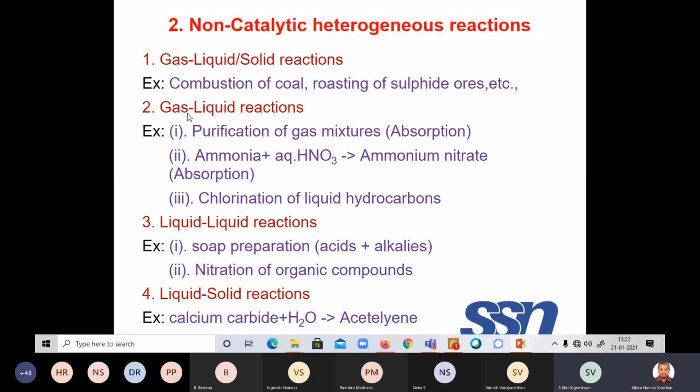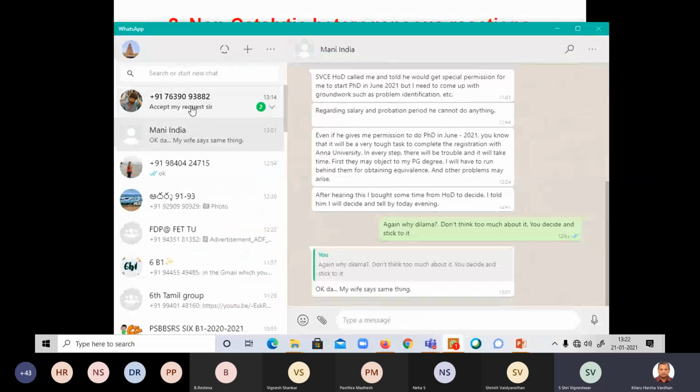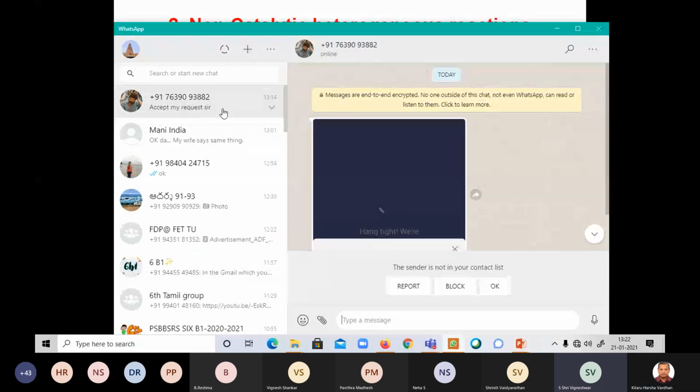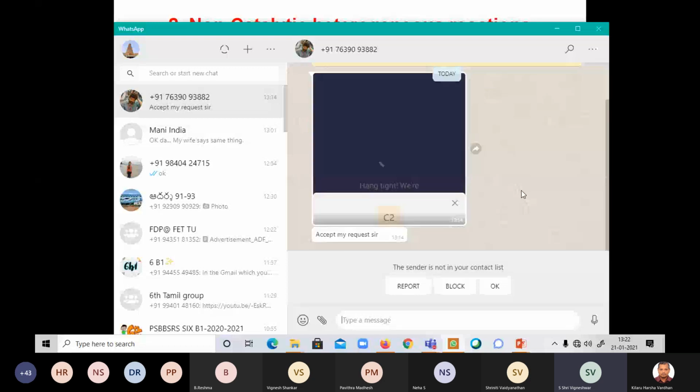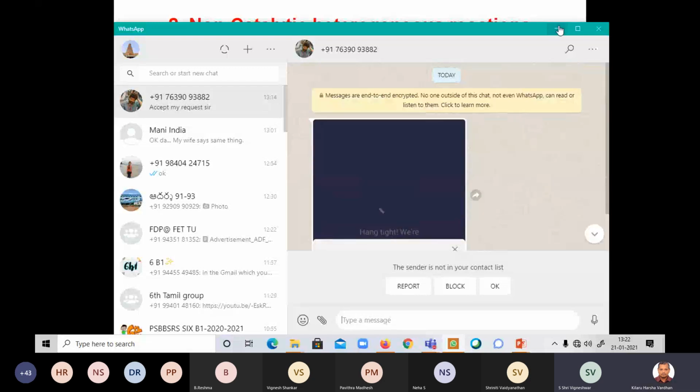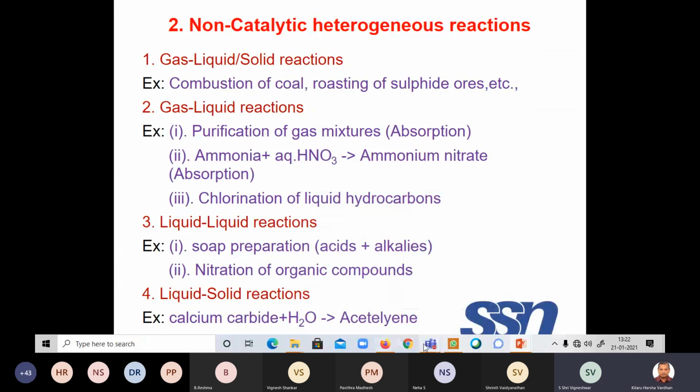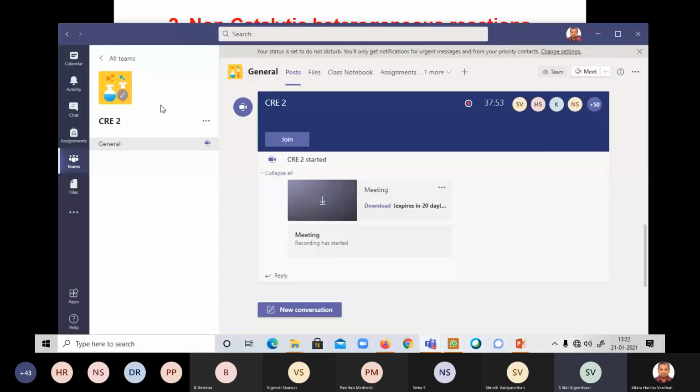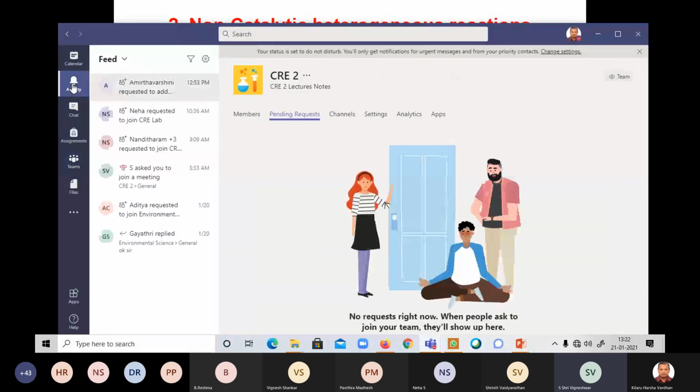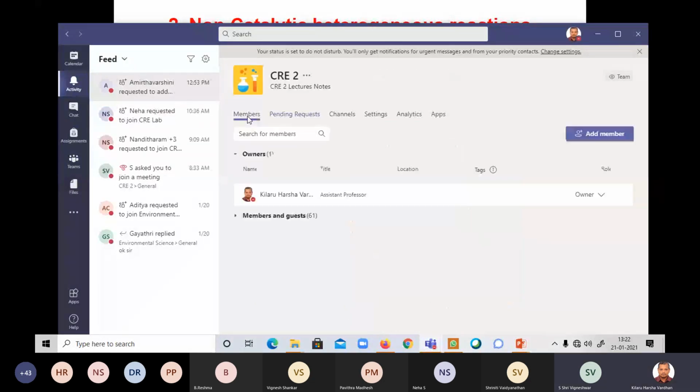Sir, one of the participants, Amrita Ganeshan, is saying that he is not able to join and it is coming as something else. Can you add him to the group, sir? I'll tell Jesse. What is his name?